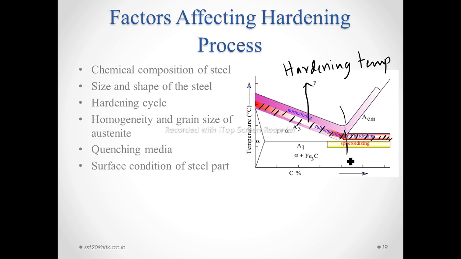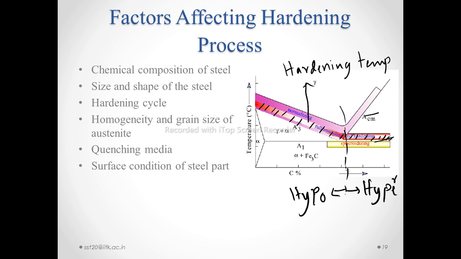As I have mentioned, this is hypo and this is hyper. For the hypo steel, we are heating just above the A3 temperature, whereas for the hyper steel, we are heating in between. We can heat for the hardening treatment in between the ACM temperature as well as the A1 temperature.